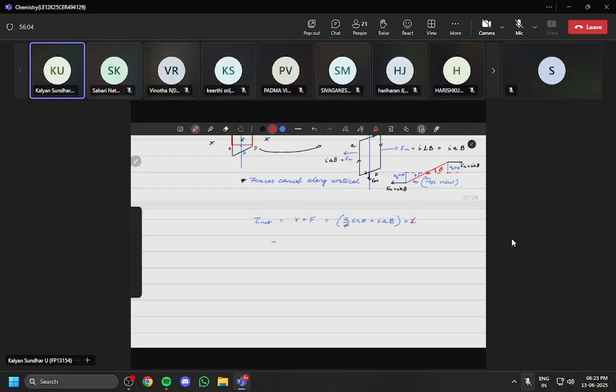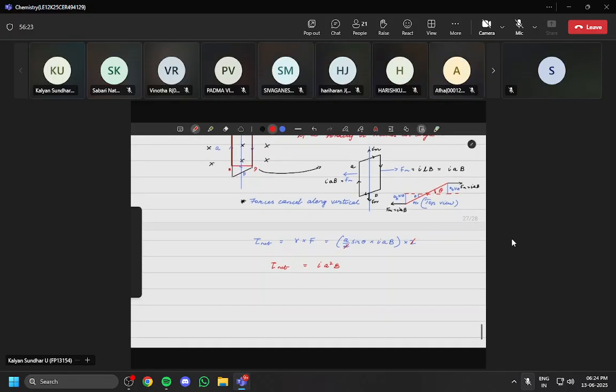So tau net will be equal to I a square B. Oh wait, sorry, let's wait. Is this a/2 or b/2? What is the breadth? b/2. This will be b/2.